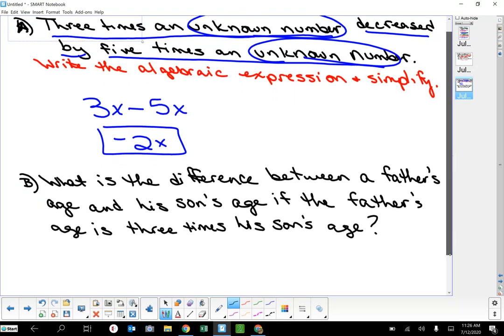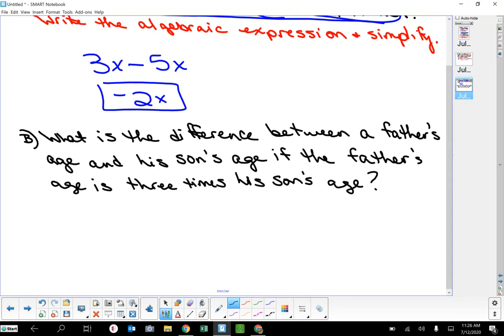Okay, so we're just going to take what we see and then go from there. So what is the difference? We know we're doing a subtraction problem between a father's age and his son's age. If the father's age is 3 times his son's age, so we know nothing about this, so we'll let that be X because we don't know anything about it. And the father's age is 3 times that.